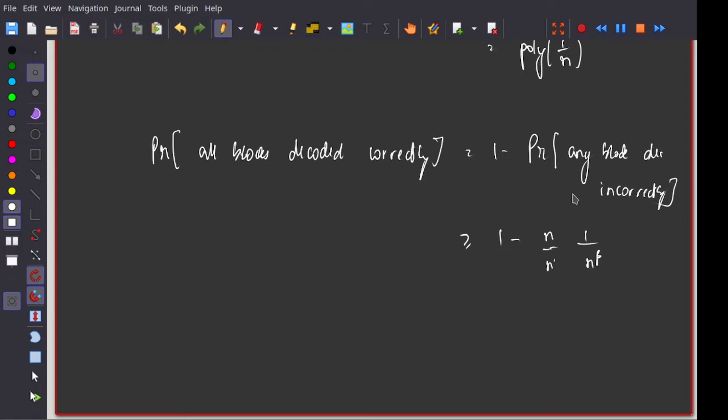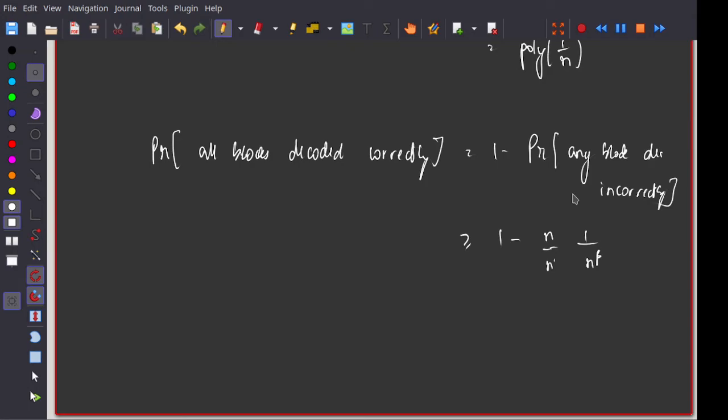In particular, can I even get an exponentially decaying probability of error? The probability of error of one particular chunk or one particular block is small.